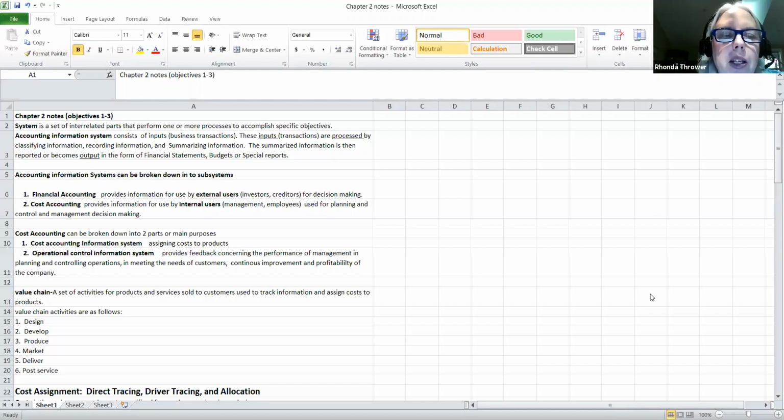One of the main objectives of an accounting information system is to provide information to the users of the accounting information so that they will be able to make good decisions about the company. And so in this chapter, they have defined for you what an accounting information system is.